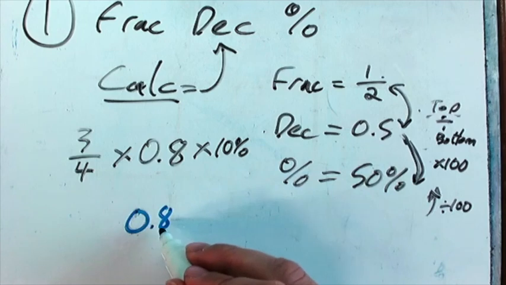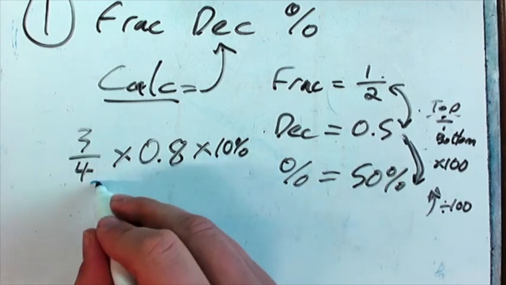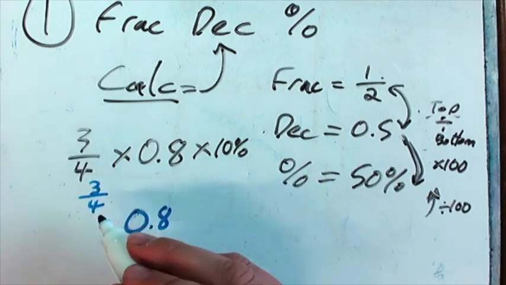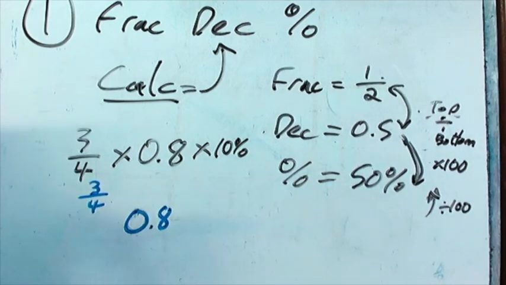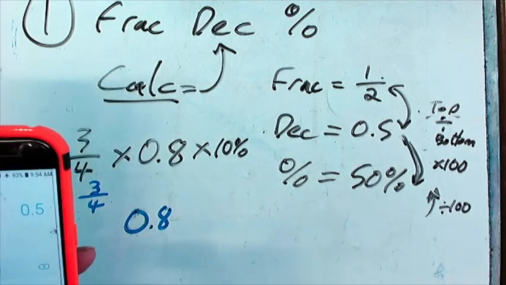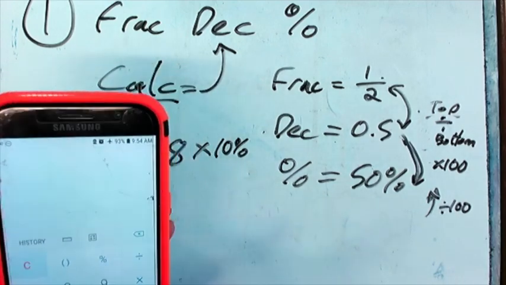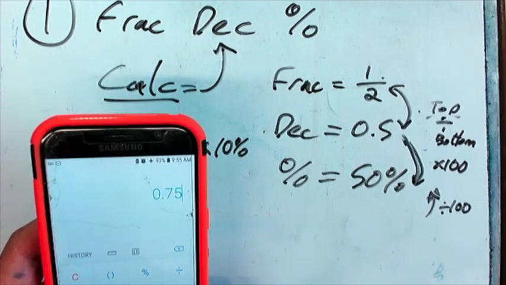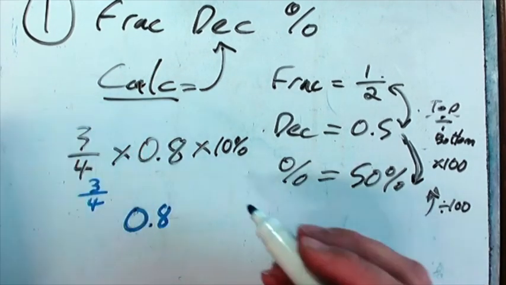So what's 3/4 in decimal? Well, I'm going to take the top and divide by the bottom. If I do 3 divided by 4, it gives me 0.75.